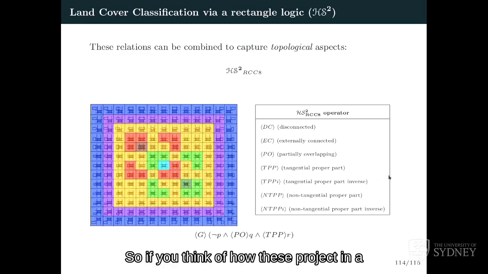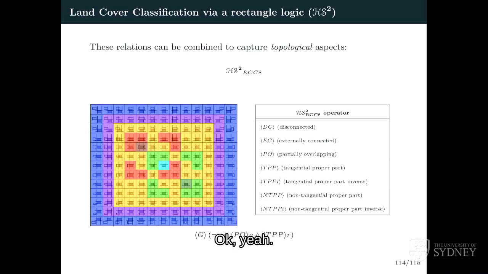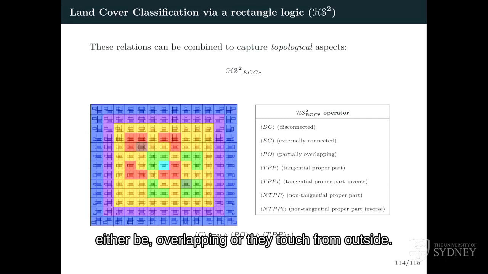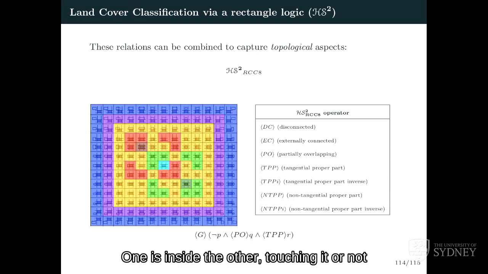If you think of how these project in, say, a 3x3 patch around a pixel, if you take any two rectangles, they are going to either be overlapping or touch from outside. One is inside the other, touching it or not touching it. It makes sense to use this kind of logic for this problem.